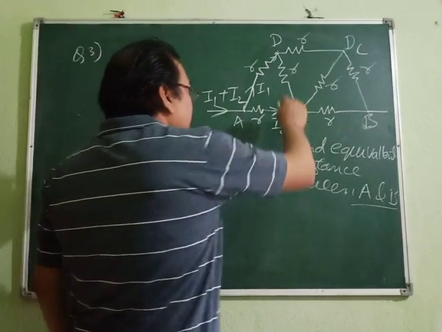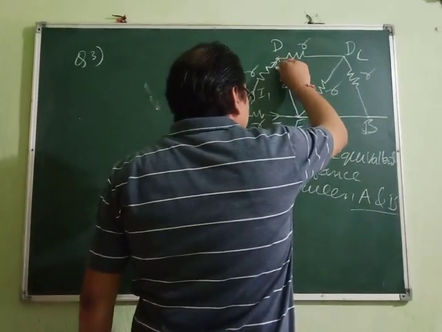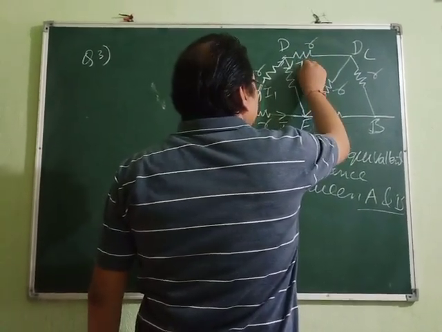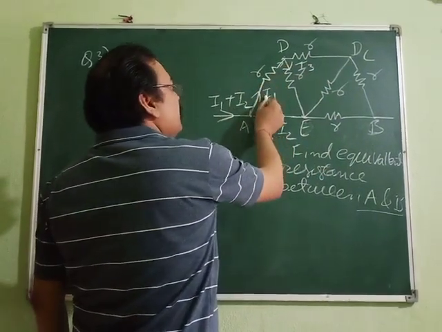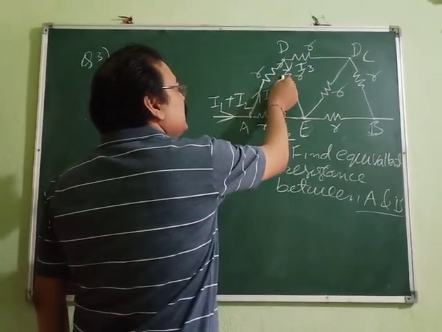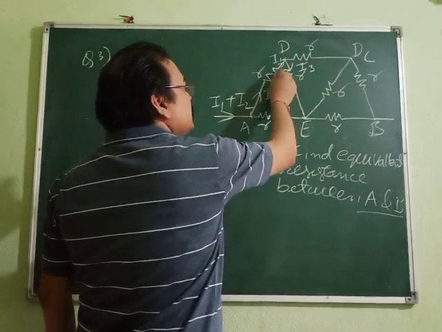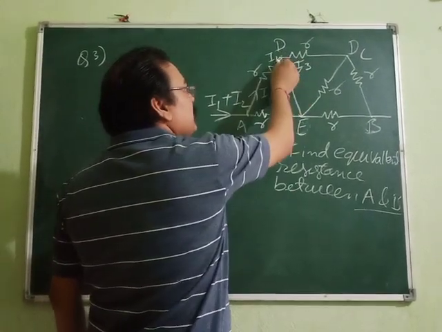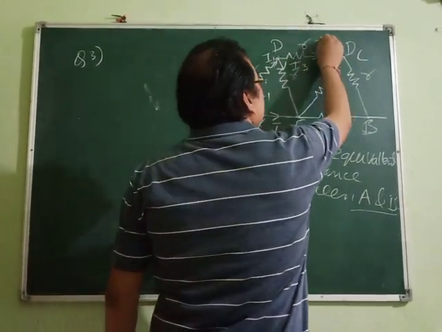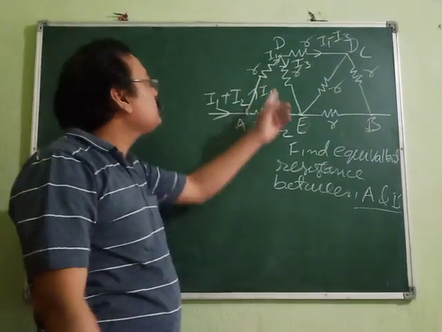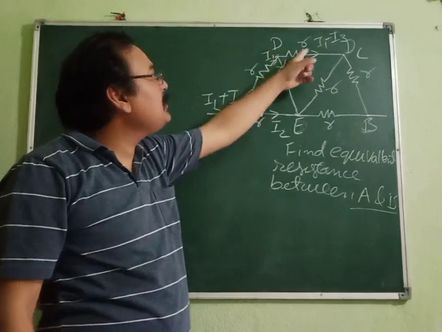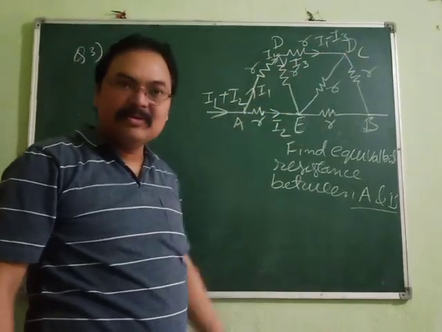Suppose another current I3 goes through this. Then how much is left? Total was I1, I1 reached here, and then I3 goes through this path. So the remaining is I1 minus I3, because out of I1, I3 has gone this side. So the remaining I1 minus I3 will go through this.